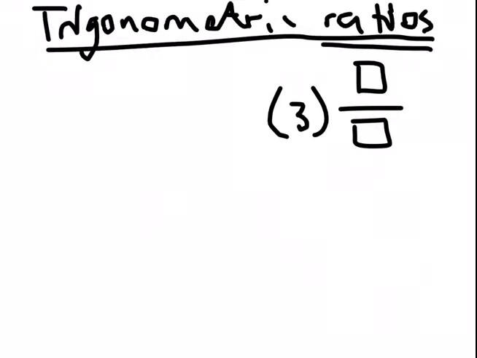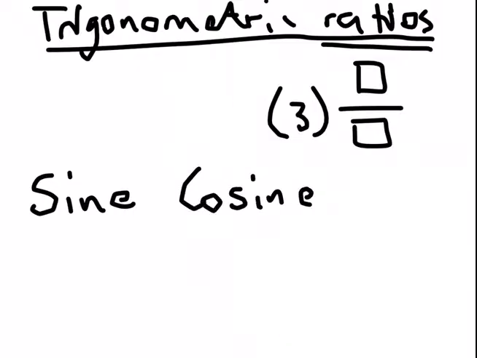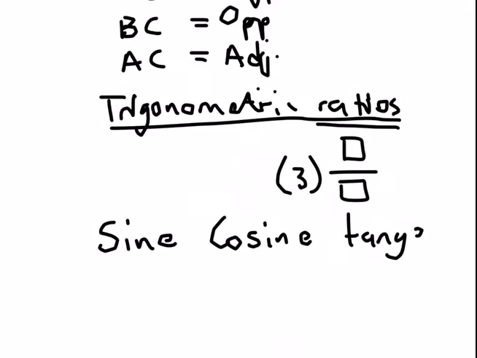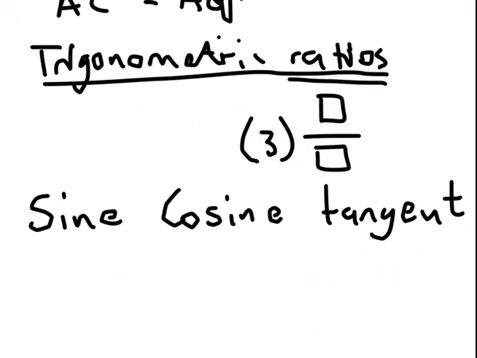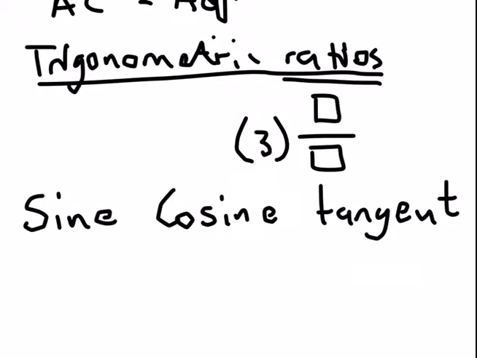We have the trigonometric ratios named sine, cosine, and lastly tangent. I'm going to take my time explaining this because it is the most important part of this topic.